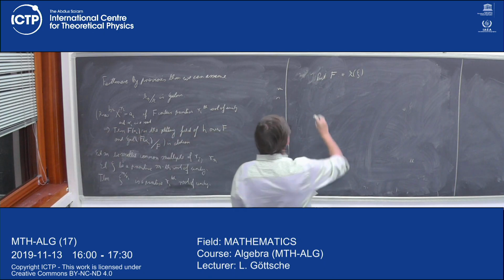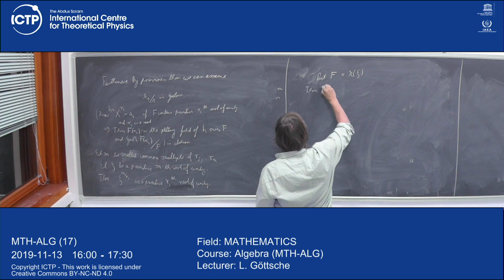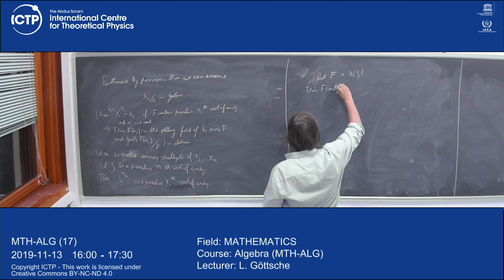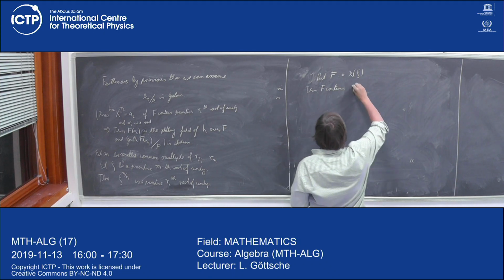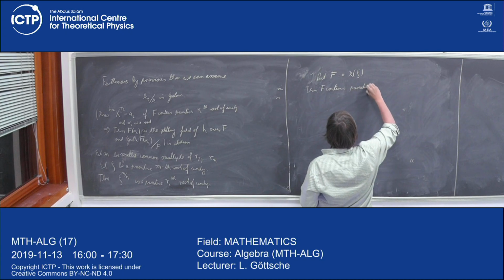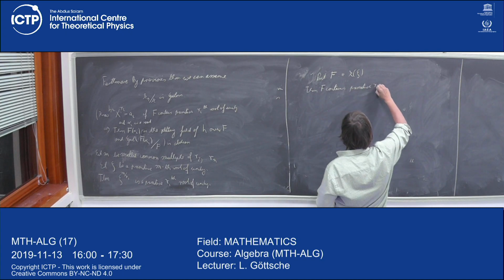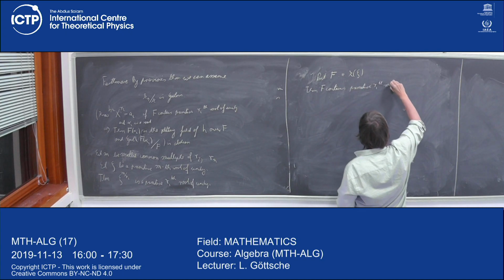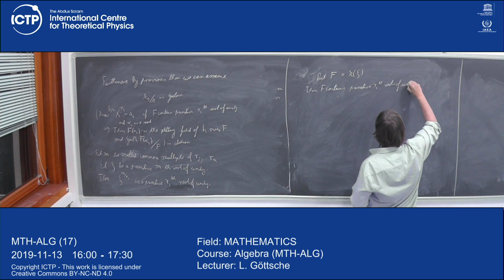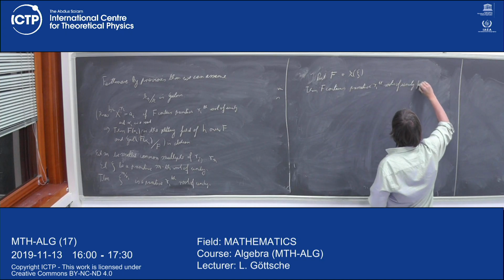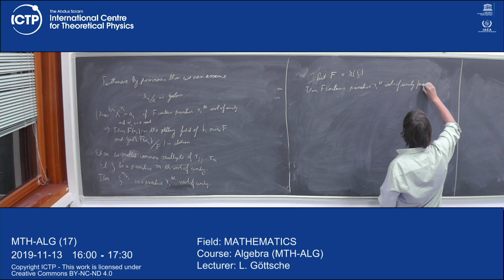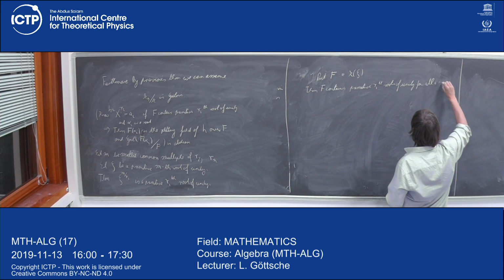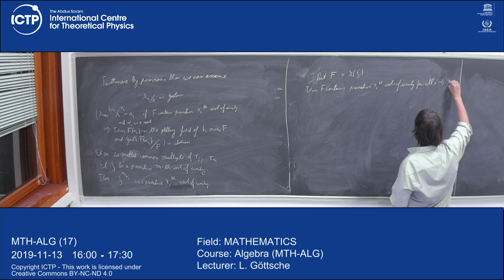Then F contains primitive r_i-th roots of unity for all i. I think it was n.